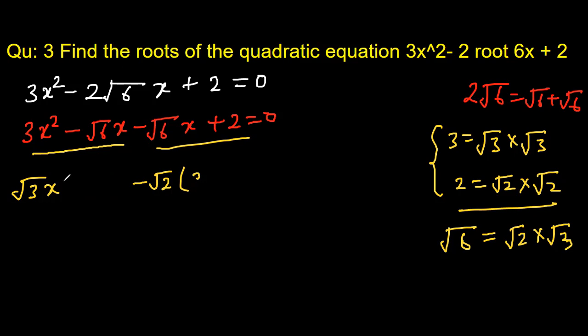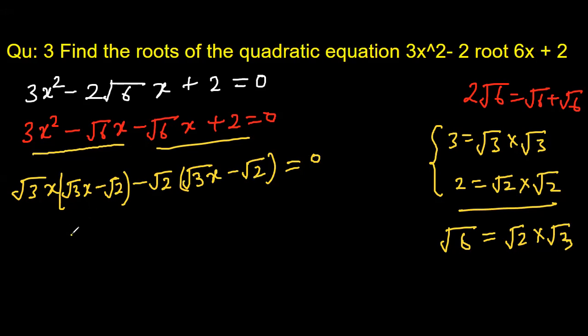So when we take square root 3x common, we'll have square root of 3x minus square root of 2. From here also, square root 2 is taken common. Here we will be left with square root of 3x minus square root of 2 is equal to 0.